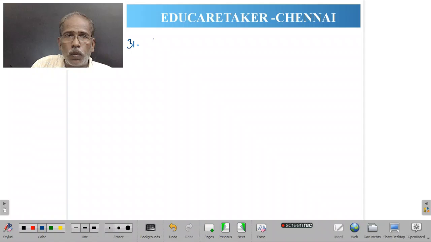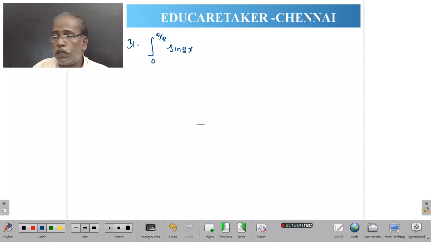Integral with the lower limit 0, upper limit pi by 2, sin 2x and tan inverse of sin x dx.